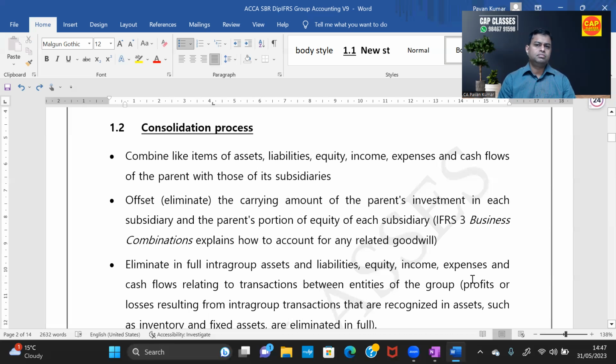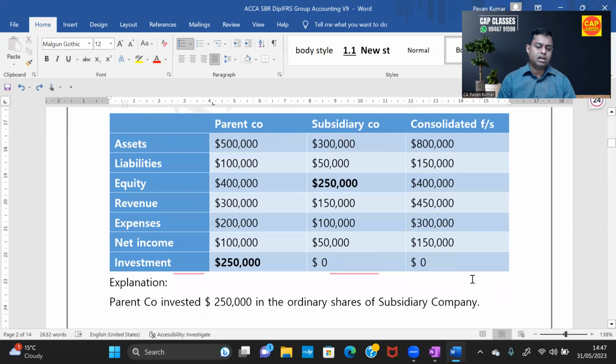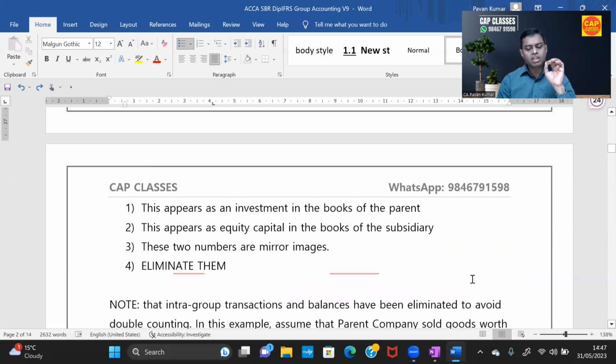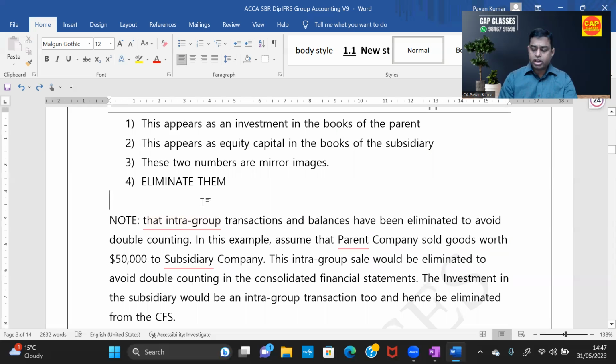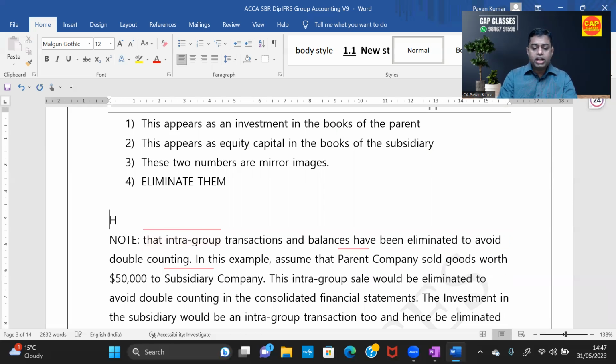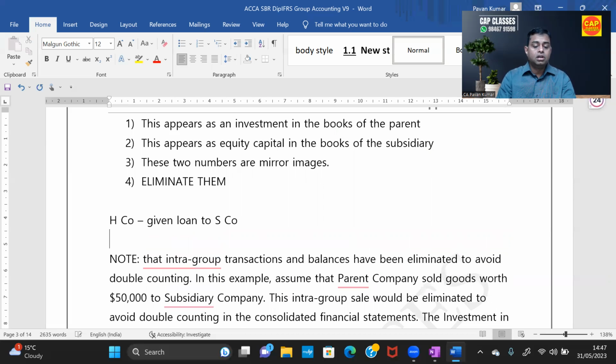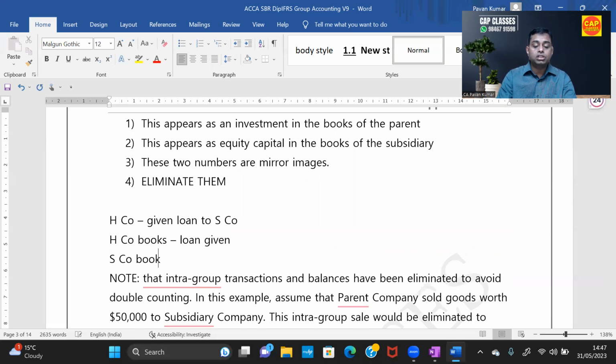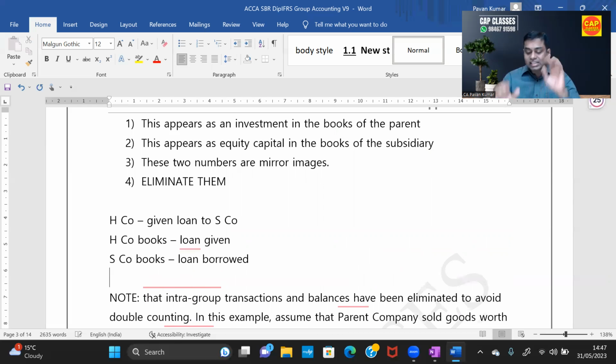Now you might ask, why are they to be eliminated? Simple. Look here. The holding company is a separate legal entity, correct? It has given a loan to the subsidiary company. In the holding company's books, loan given. In the subsidiary company's books, loan borrowed. Till this, okay.